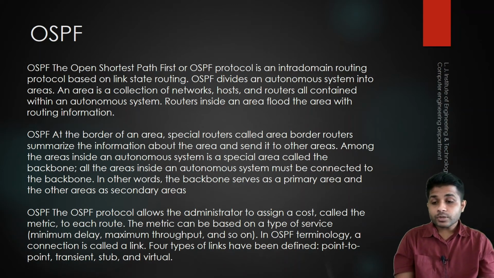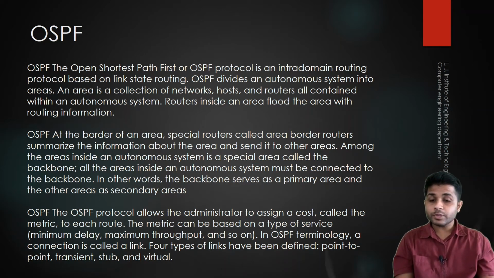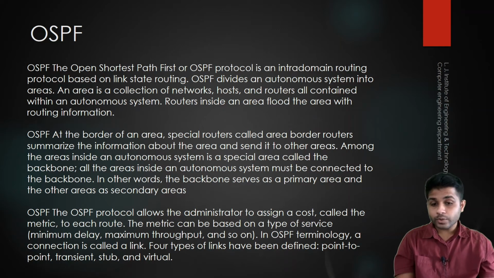Open Shortest Path First allows the administrator to assign cost, so you can add the information dynamically as well as statically. The types of information you can add are like delay, throughput, and so on.